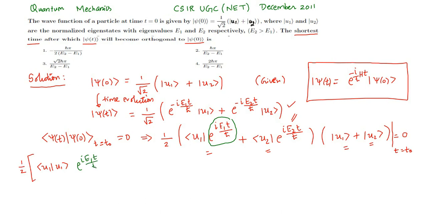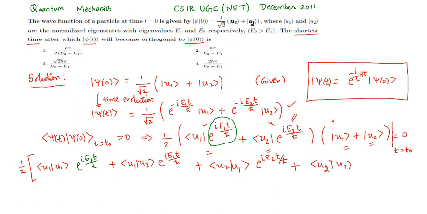Now what is the next term? u1 with u2, e power i E1 t by h bar, plus u2 with u1, e power i E2 t by h bar, and finally u2 with u2, e power i E2 t by h bar.